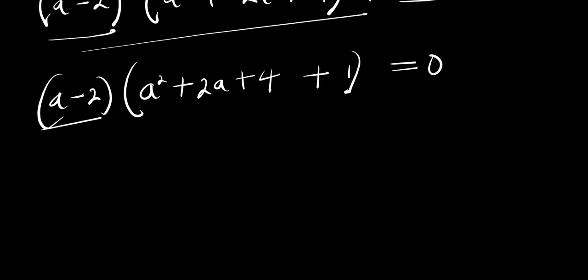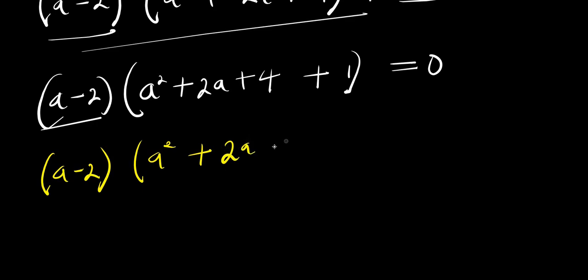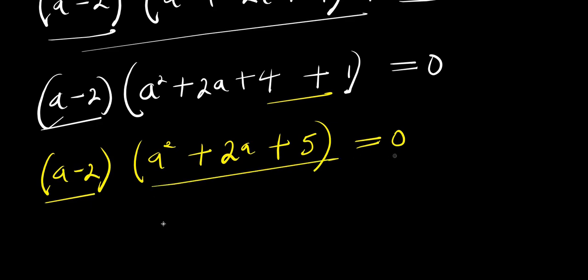So from here, I'll have a minus 2 times a squared plus 2a plus 4 plus 1, that is 5, and this equals 0. So we can equate a minus 2 to 0. We also equate this to 0.